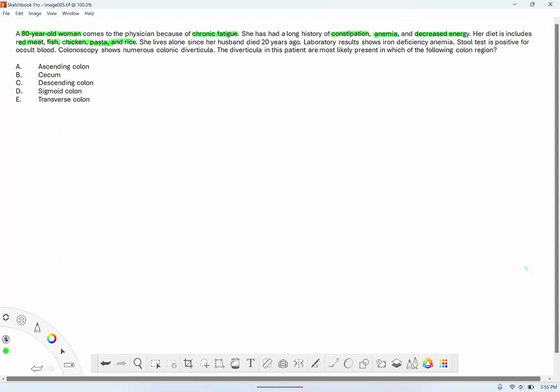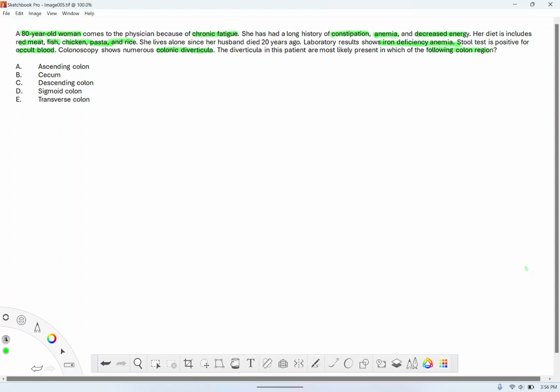She lives alone since her husband died 20 years ago. Laboratory results show iron deficiency anemia. Her stool test is positive for occult blood. Colonoscopy shows numerous diverticula. The diverticula in this patient are most likely present in which of the following colon regions?